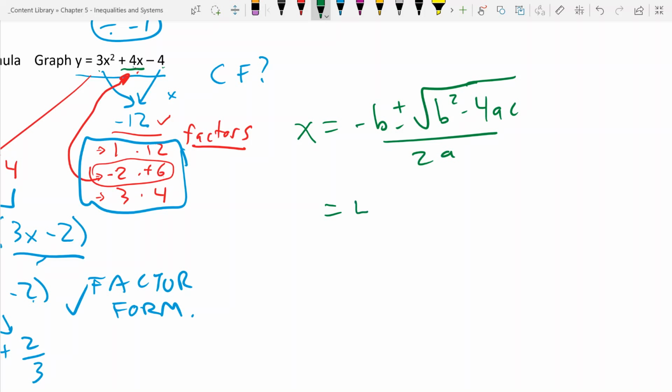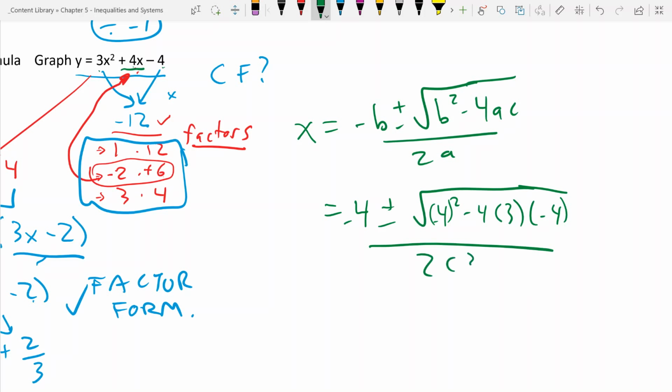We get negative 4 plus or minus the square root of negative 4 squared minus 4 times 3 times negative 4, divided by 2 times 3. Sorry, because it's negative b, it was positive 4, which makes it negative 4, and that was 4.